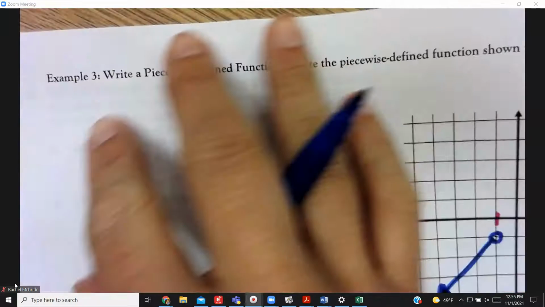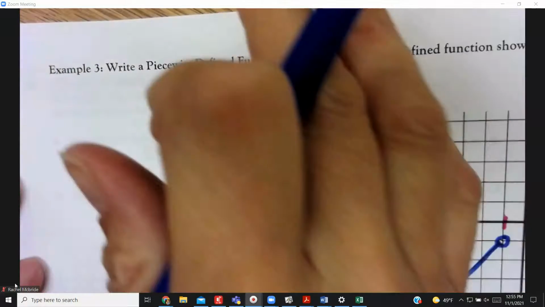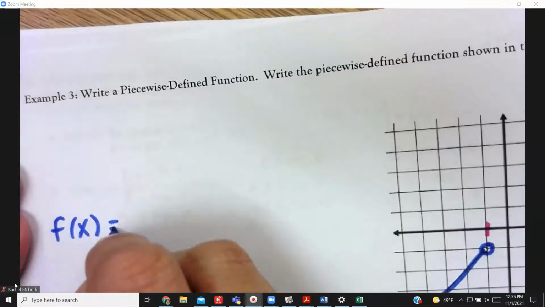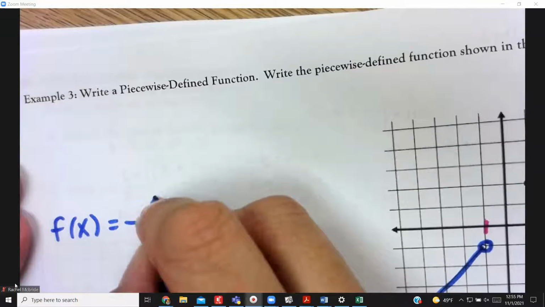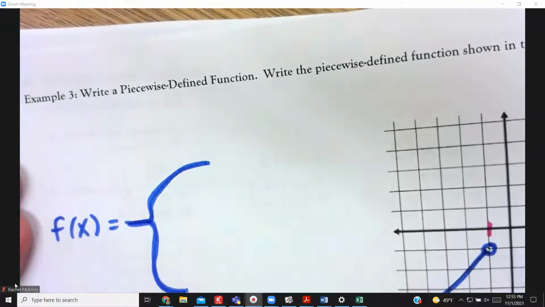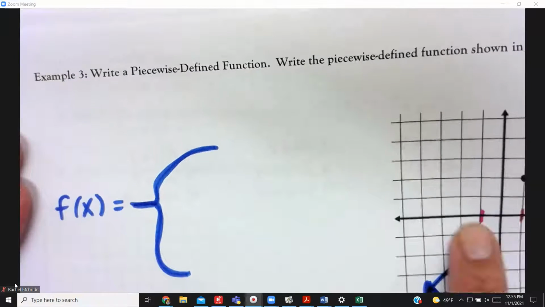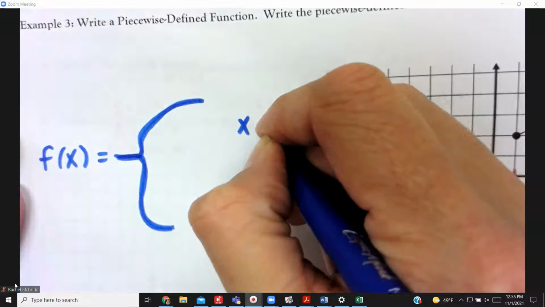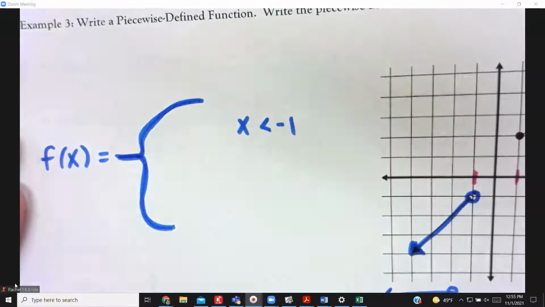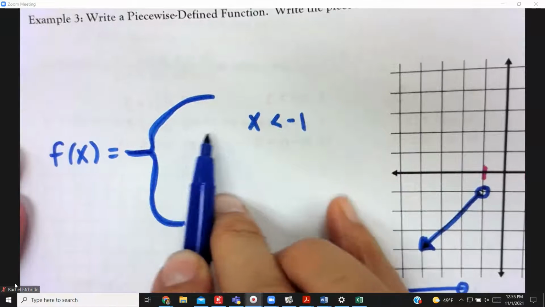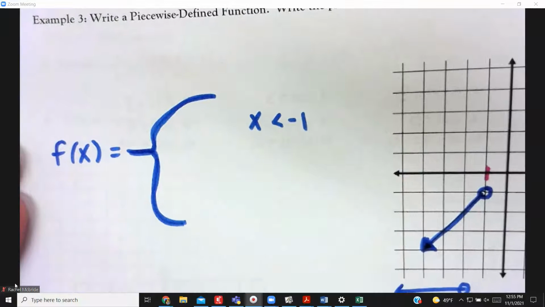So in my description of this piecewise, and we'll call this graph f of x, this blue segment is going to be all x values less than -1. So I haven't filled in the formula for it yet, or the function value.